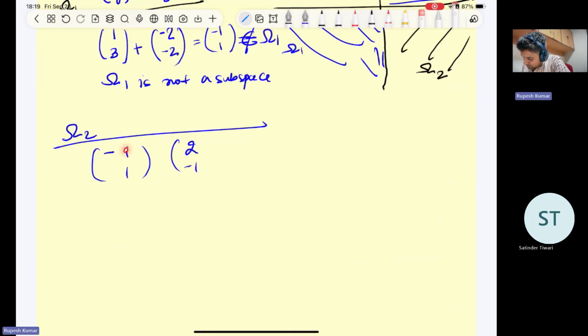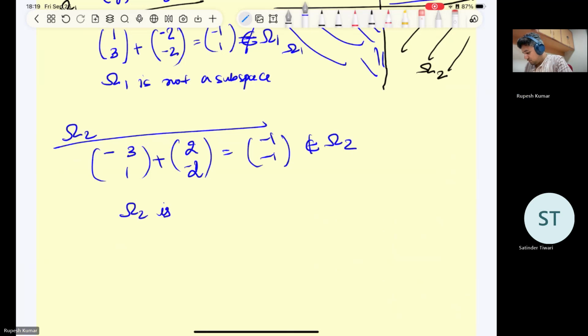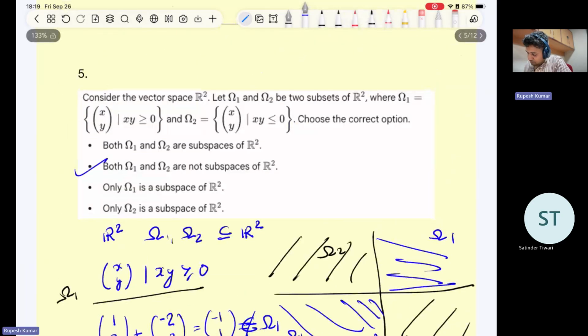Let's take it to be minus 3 or something, and take it to be minus 2. Then add them up, you get minus 1, minus 1. So this does not belong to omega 2. So omega 2 is also not a subspace. Fine. So the answer is both are not subspaces of R2.